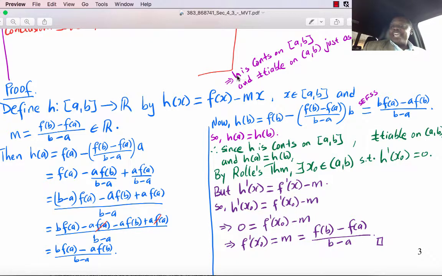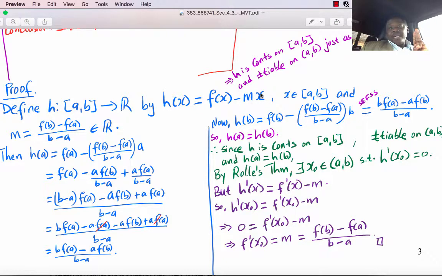So now we have that h is continuous on the closed bounded interval. h is differentiable on the open interval (a, b). h of a equals h of b. Therefore, we can apply Rolle's theorem. And by Rolle's theorem, there exists a point x0 in the open interval such that the first derivative of h at the point x0 is 0. But what is the first derivative of h? The first derivative of h would simply be f prime of x minus m.